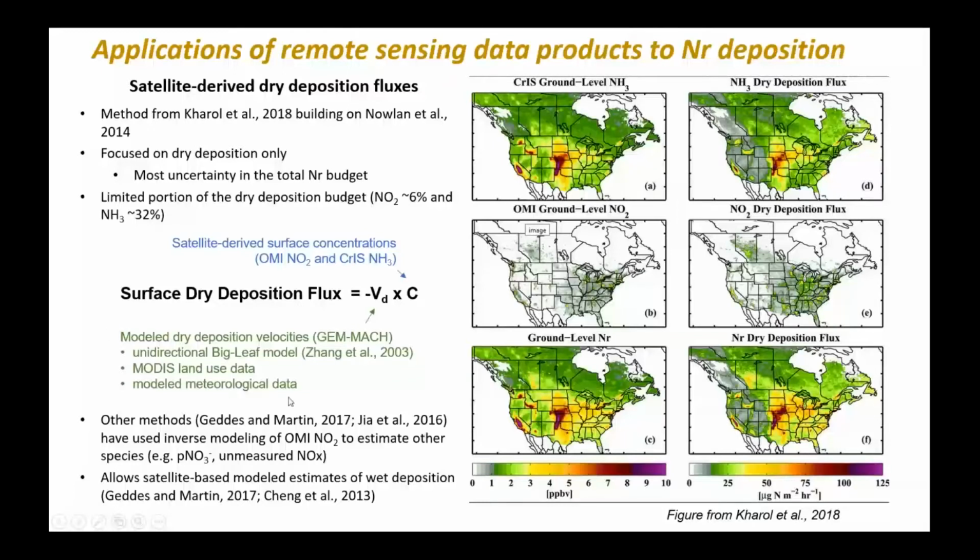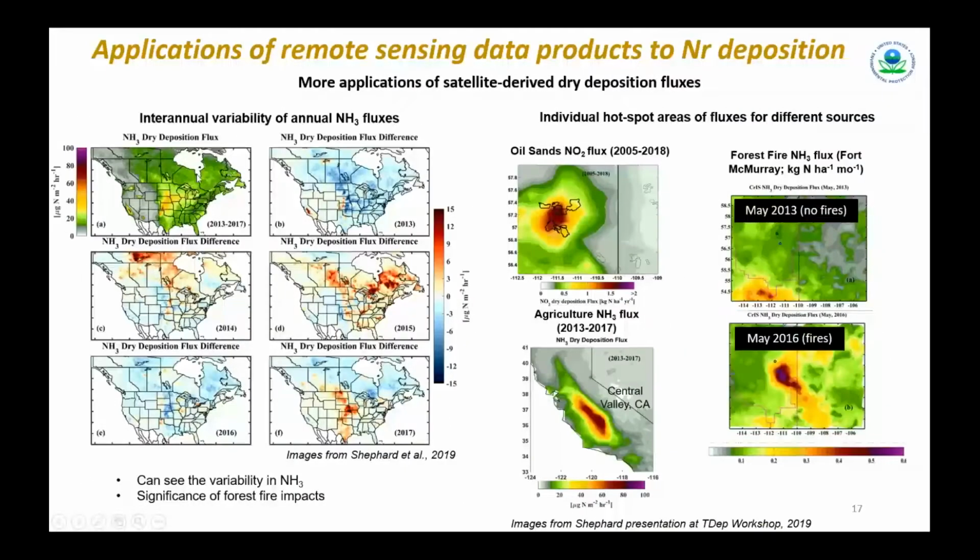So Mark Shepard actually went into this pretty detailed in his TDep ag workshop discussion, and some of these applications that he showed, I just wanted to show as something you can do with this dry deposition flux product.